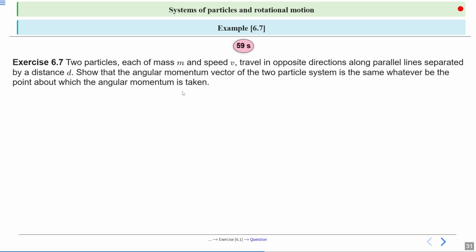You have some time. Let's see the solution of this question.